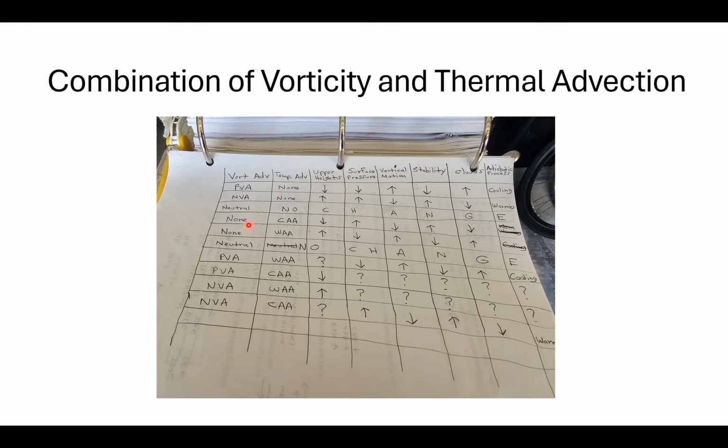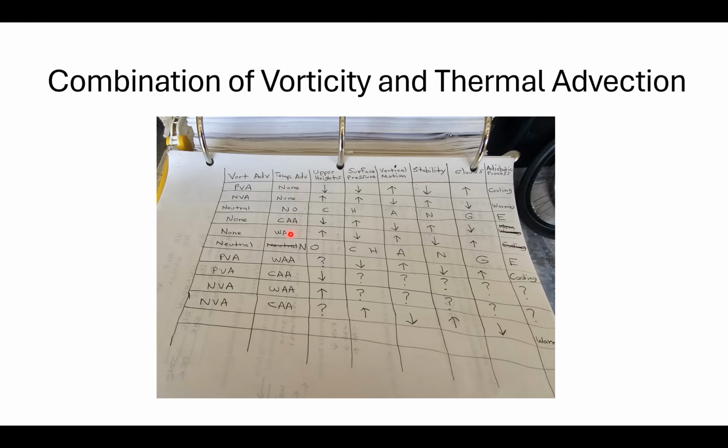There may be cases, specifically in the summer season, where you really don't have any type of vorticity advection, because your vorticity gradient and your thermal gradient are so weak in the summertime.